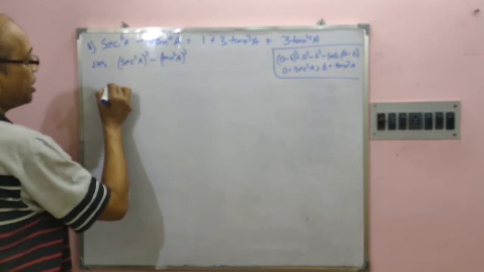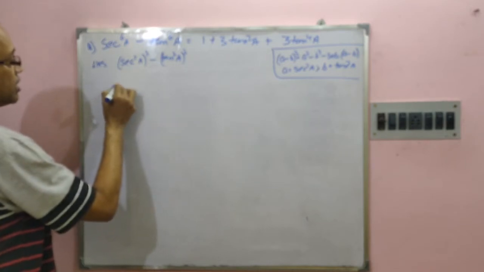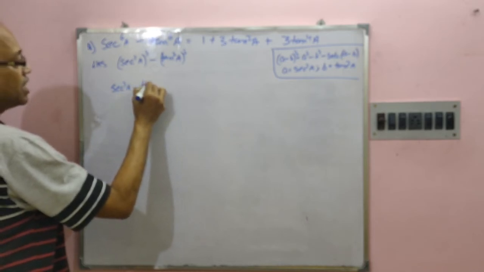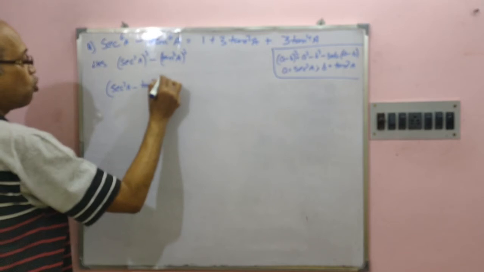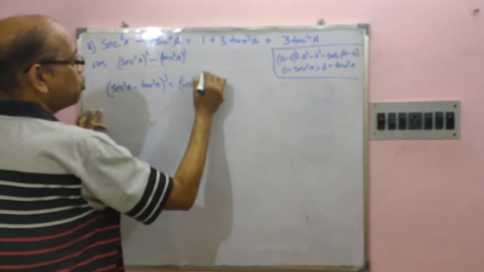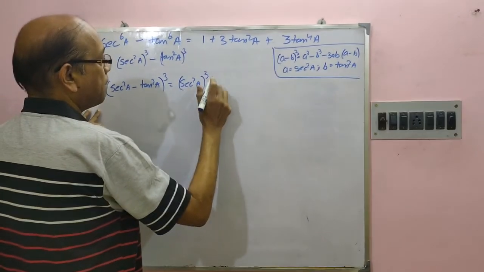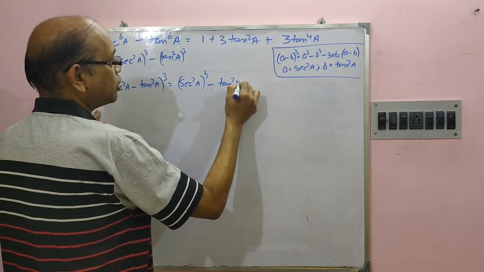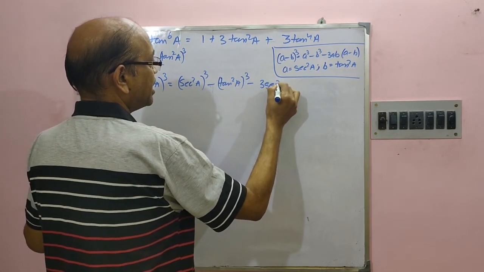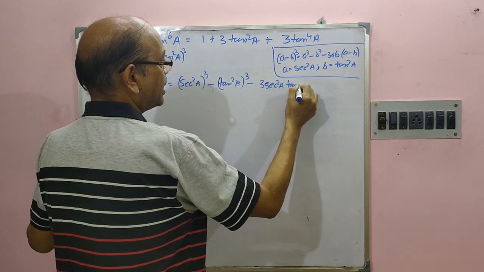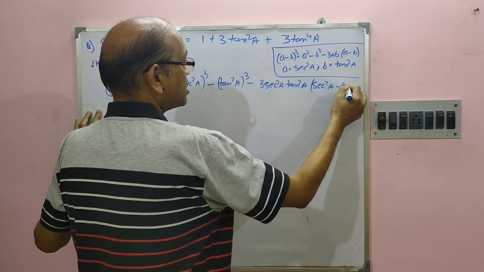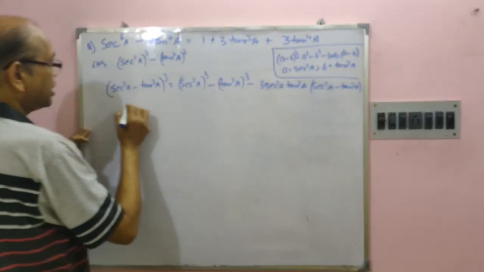So let me put it up here. Secant square a minus tan square a whole cube is equal to secant square a whole cube minus tan square a whole cube minus 3 secant square a tan square a into secant square a minus tan square a.